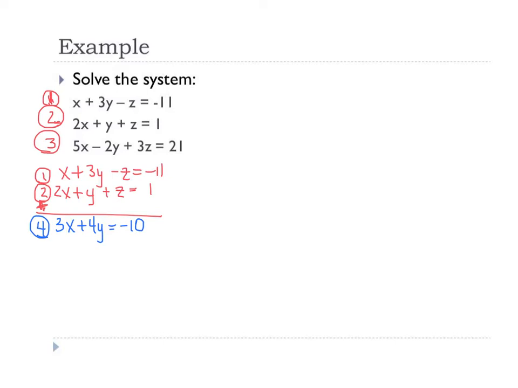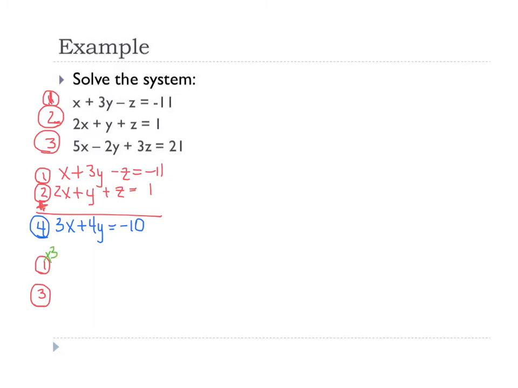Step 2, pick 2 different originals and also eliminate, in this case, z. I'm going to pick 1 and 3, and I'm going to do 1 times 3.